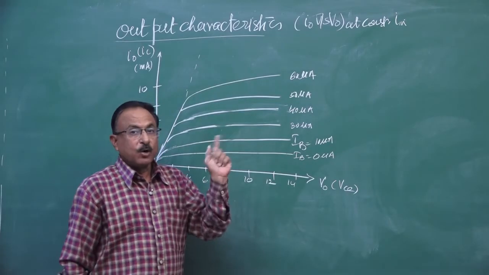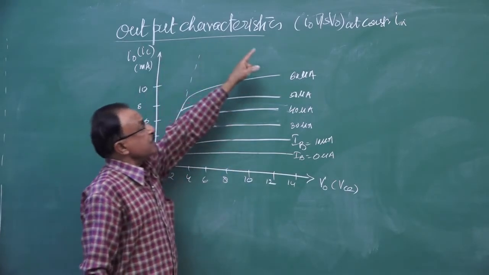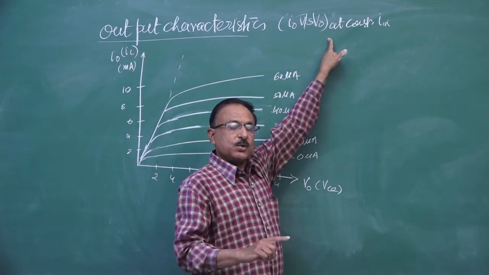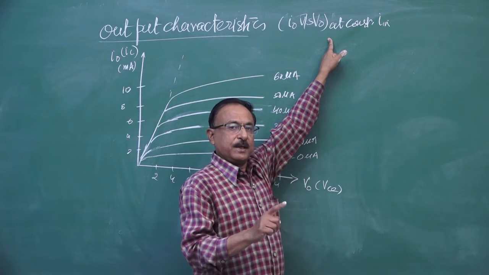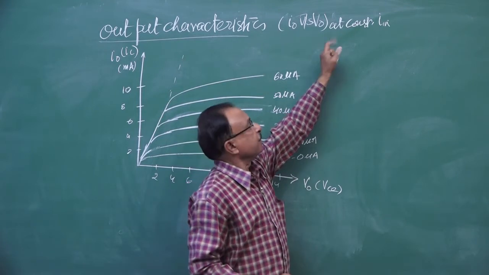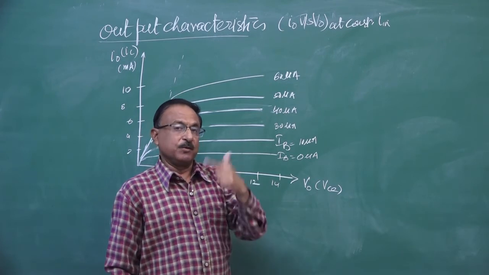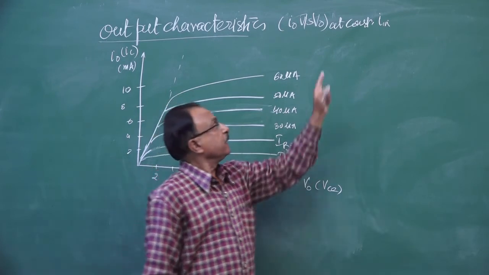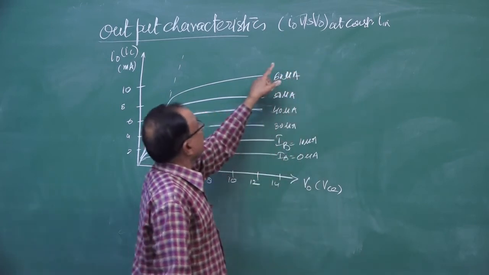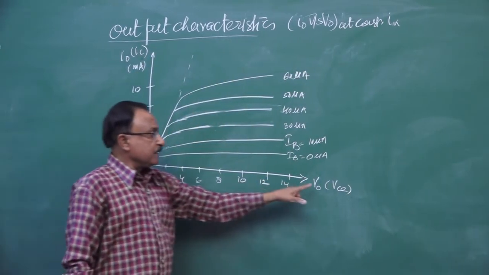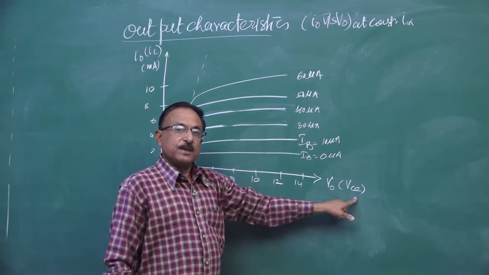Now we'll be taking the output characteristic. Output characteristic is between output current versus output voltage. That shows the variation of output current with output voltage. Now in our common emitter circuit, if you go through the circuit, you'll find that output current is collector current and output voltage is collector-emitter voltage.